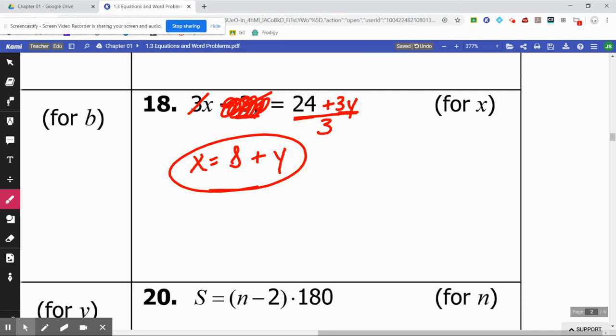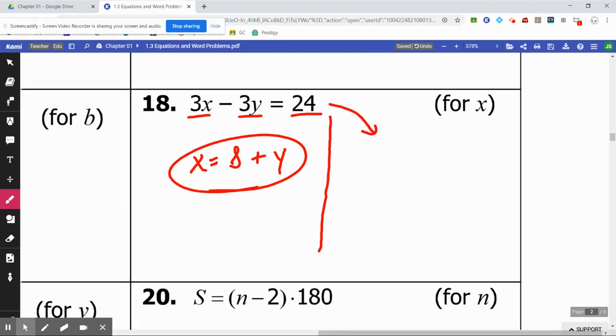Now, the other method, and I like this method probably more. If you look at those three terms, this thing has three terms. Equations can be reduced the same way fractions are reduced. If you have multiple terms and you notice that all three terms are divisible by some number, like all three of these are divisible by 3, go ahead and divide this, this, and this, all by 3. 3x divided by 3 gives you 1x.